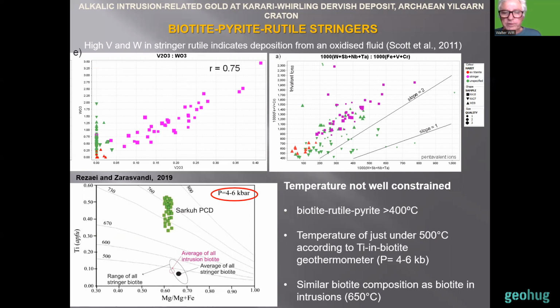We can also see that the average of all the intrusion hosted biotite is very close to the composition of the stringer biotite, and that intrusion biotite is estimated to have formed at 660 degrees centigrade. So perhaps the stringer biotite wasn't forming under conditions that were all that cooler.